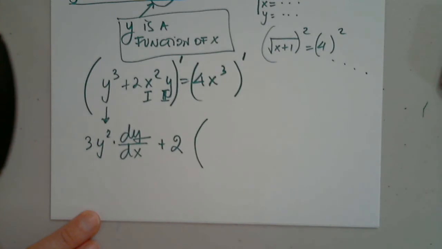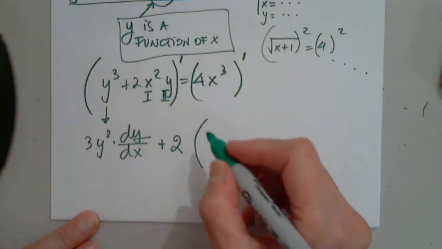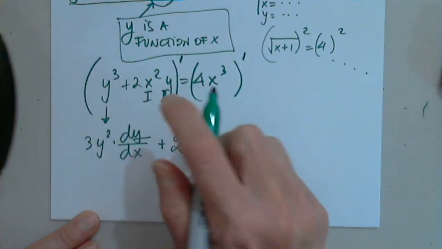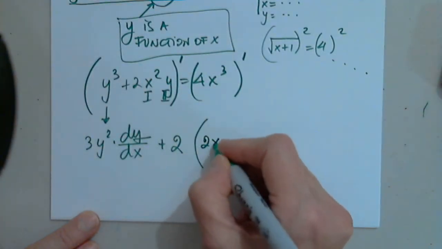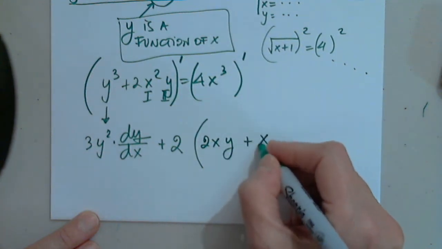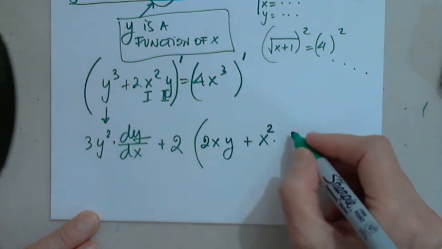I heard from Kirsten and Megan so far, and Nick. Anyone else? The x squared dy dx. Careful. So 2x, just 2x, times y plus x squared dy over dx.